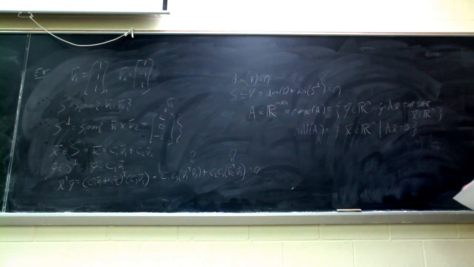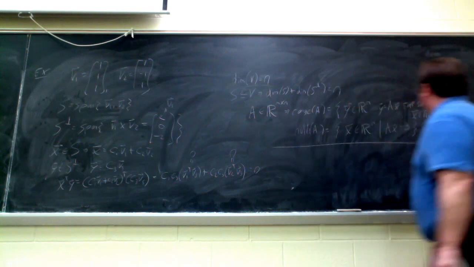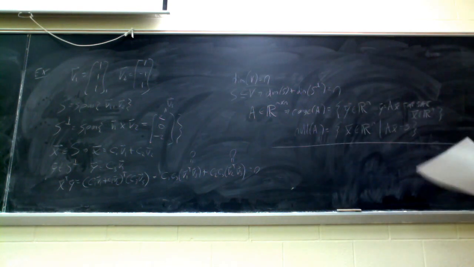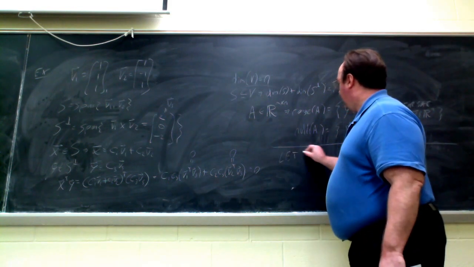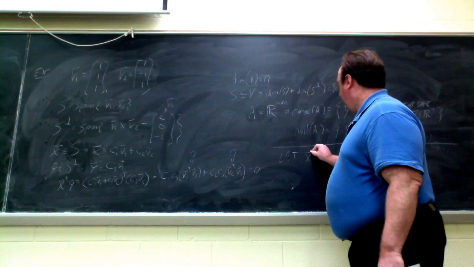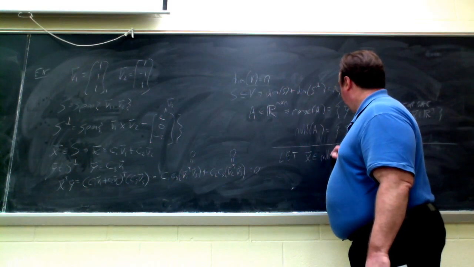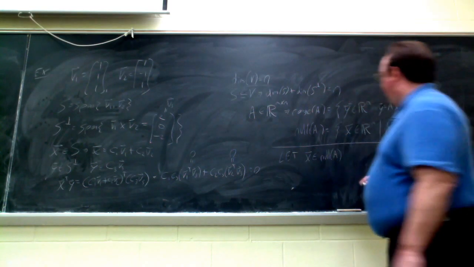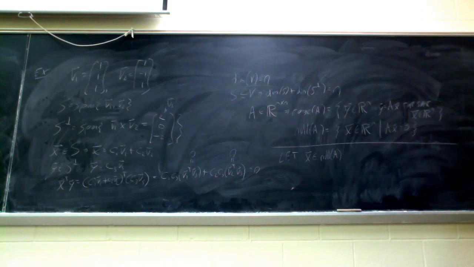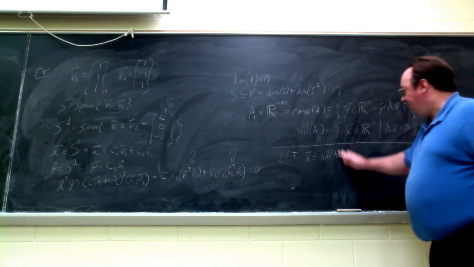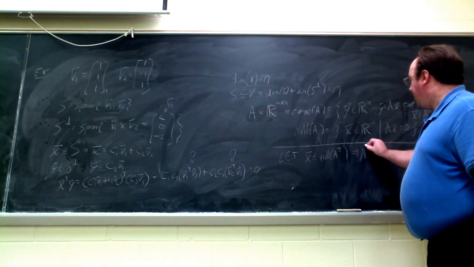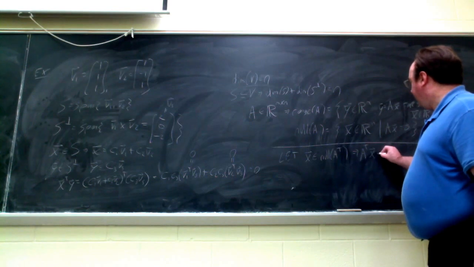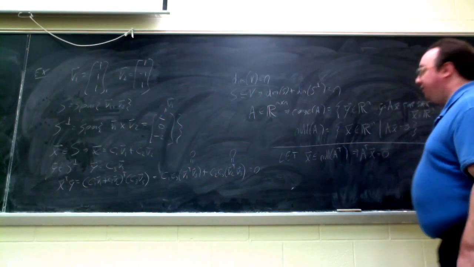Now, let's suppose that I have a vector x that is in the null space of not A, but A transpose. So A transpose x is equal to the 0 vector.